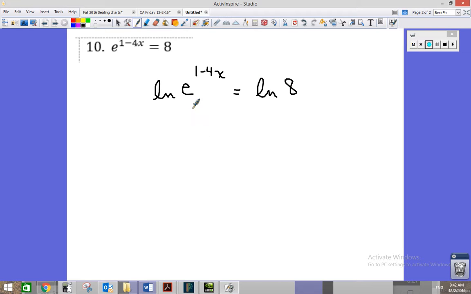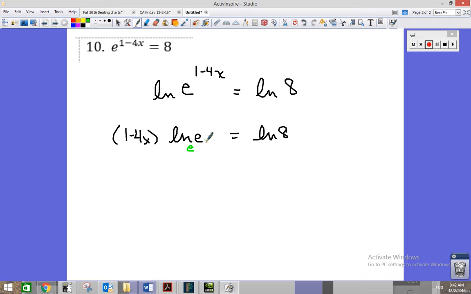By those first 4 problems on this homework, we know this left hand side is just 1 minus 4x. If you don't recognize that, by the power rule, 1 minus 4x comes down, and now hopefully you recognize that the natural log of e is just 1.